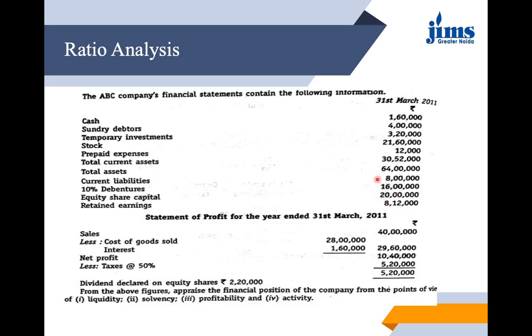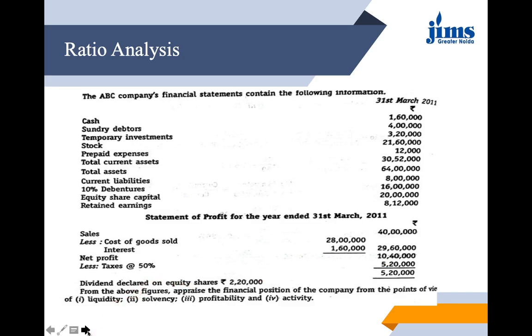So from here only we are able to find the current assets and current liabilities, which we will be using in liquidity ratios. Now you can see that there is a statement of profit given to you where you are able to see the amount of sales, cost of goods sold, interest, net profit and the taxes. Then there is one more piece of information that dividend declared on equity shares is given as 2,20,000.